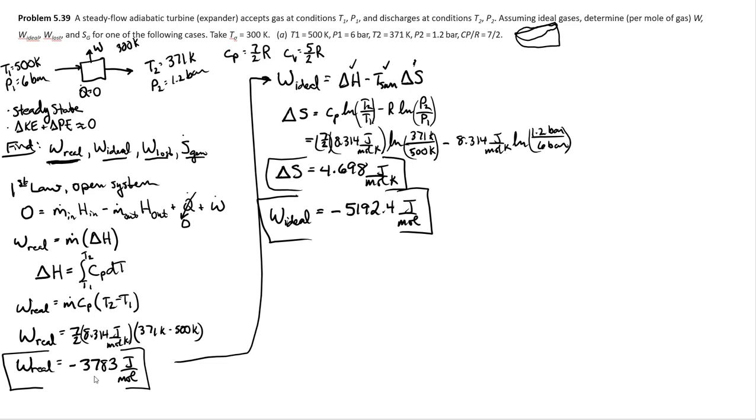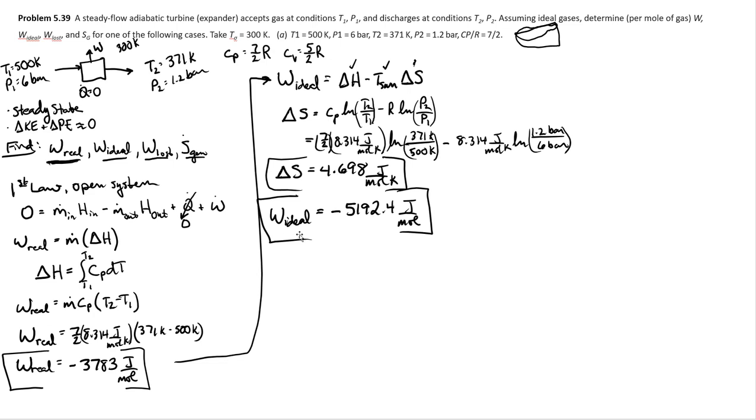What about comparing the ideal to the real work? Should this number be lower or higher? Well, on an absolute sense, it should be higher, but when we take into account the signs, of course, it should be more negative.